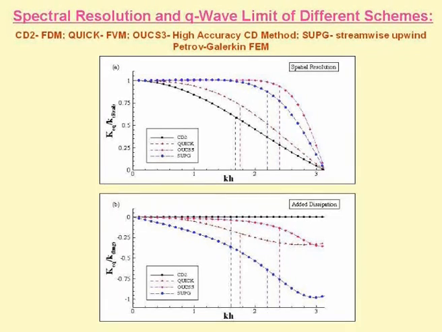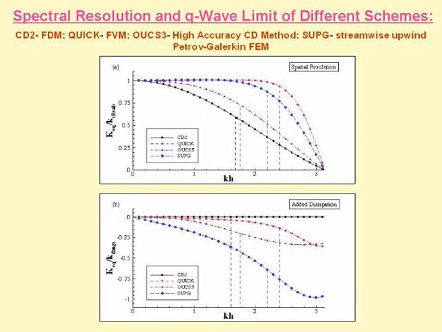Now, I purposely projected this in our K equivalent by K solution versus KH plane, and this is the real part and this is the imaginary part. The real part we know determines the phase of the solution. The imaginary part tells us whether we are adding a numerical dissipation or anti-diffusion, right.